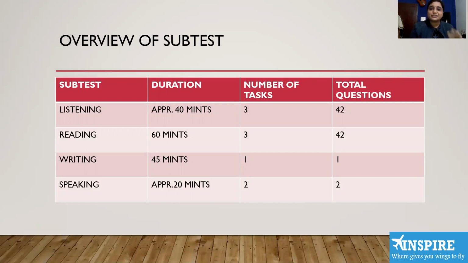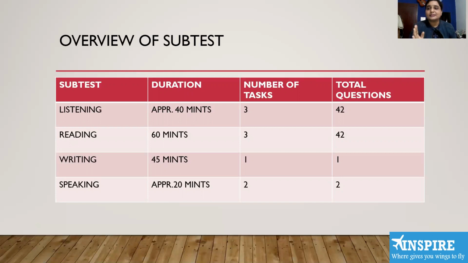And in reading, the duration is 1 hour, that means 60 minutes. In this module also, the number of tasks is 3 and the total number of questions is 42. In writing, the duration is 45 minutes and the number of tasks is only 1. That means you have to do only 1 writing task, and it is not a Herculean task.